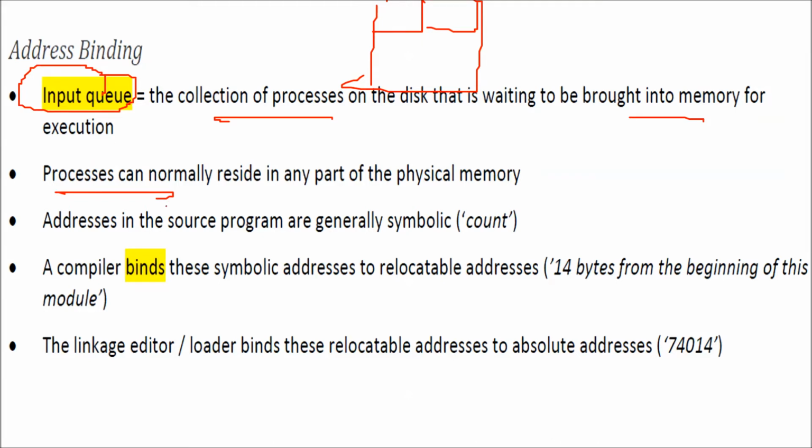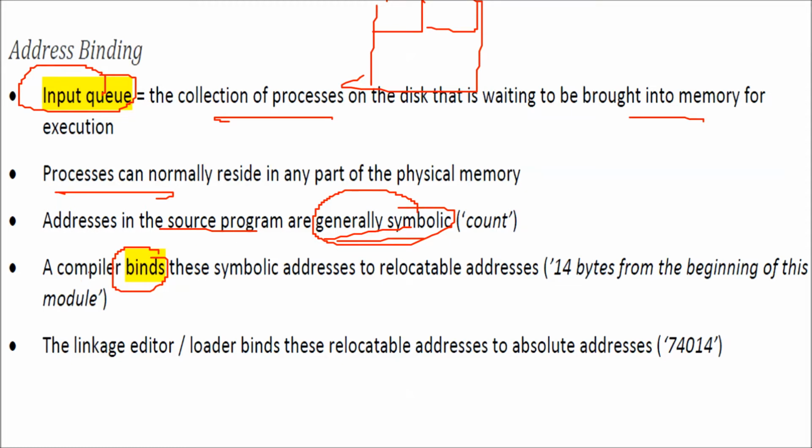Addresses in the source program are generally symbolic. What I mean is that the addresses in your source program, like the factorial or Fibonacci series program, are generally symbolic. Why? Because the compiler binds these. A compiler is a program which converts your program into code understood by the computer, that is the machine code.